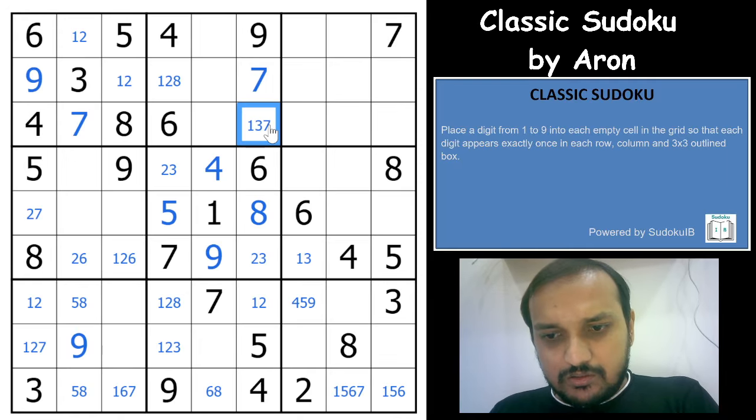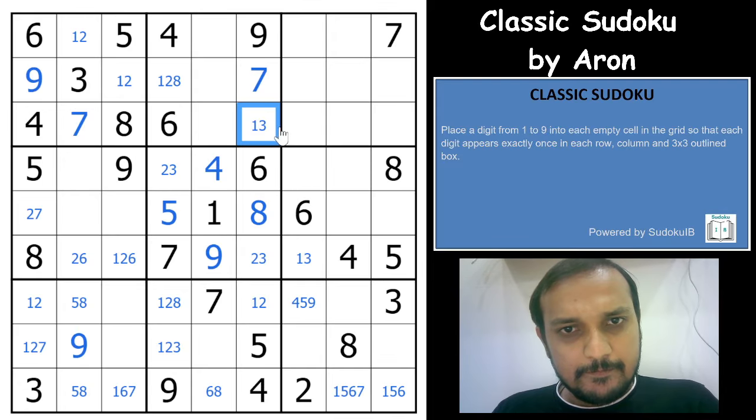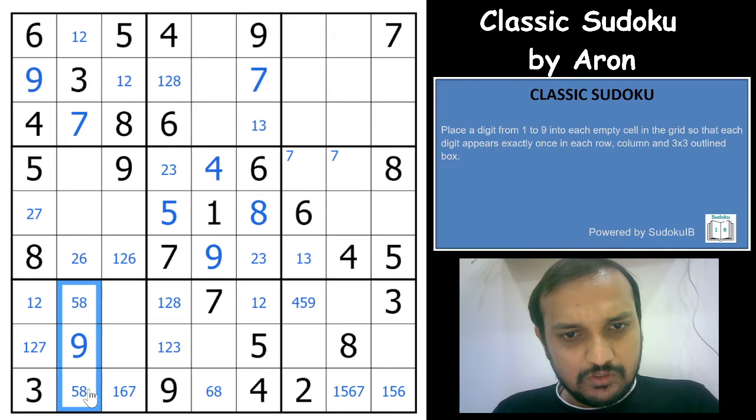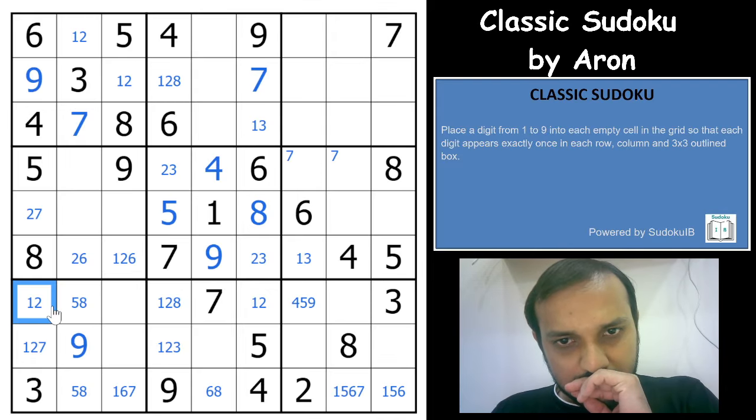You eliminate 7 from this cell, you get 7 in one of these two cells, okay.